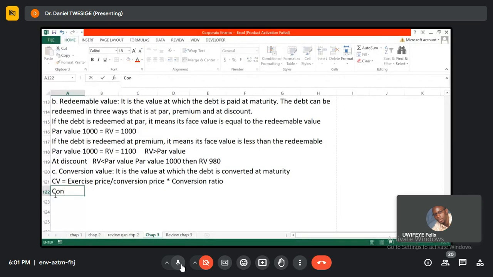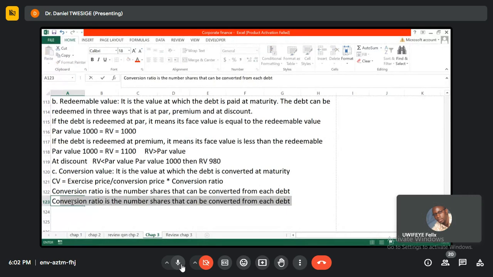So the conversion ratio is the number of shares that can be converted from each debt. So how do we get this conversion ratio?